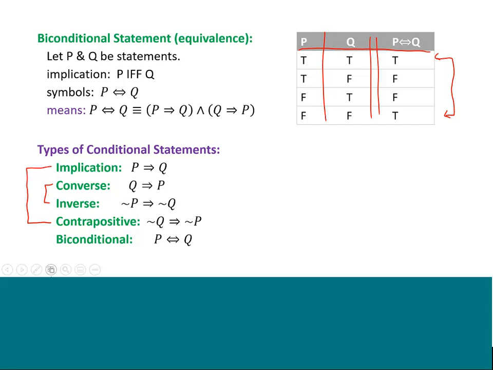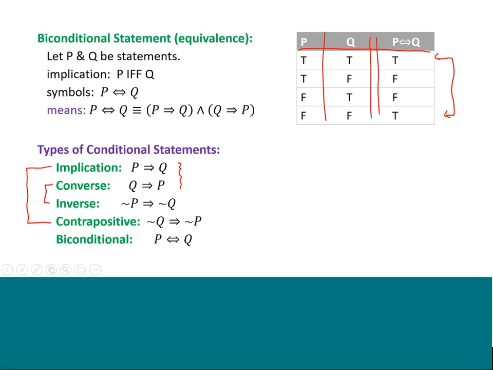Here's the fun part. The implication and the converse rarely have the same truth value. Sometimes there's overlap. So if you were making a truth table and you had trues and falses come up, sometimes there's overlap in that sense, but there's no correlation really here in terms of if this one's true, then the other one will be false, or if this one's true, then the other one's guaranteed to be true.